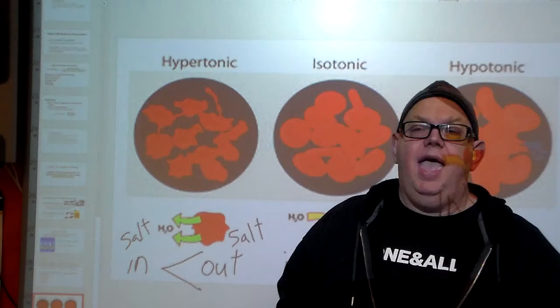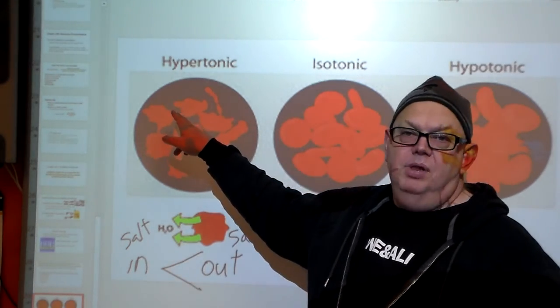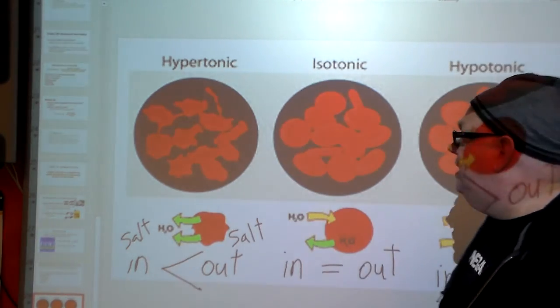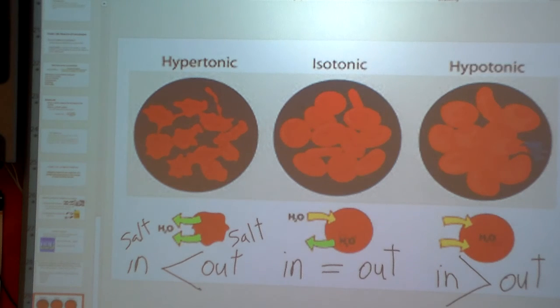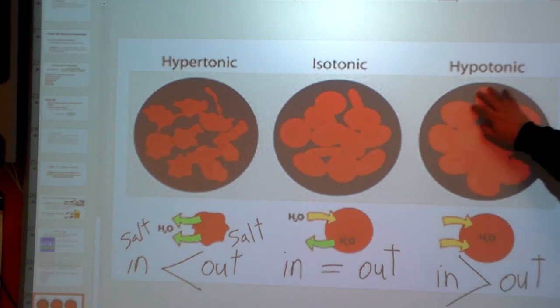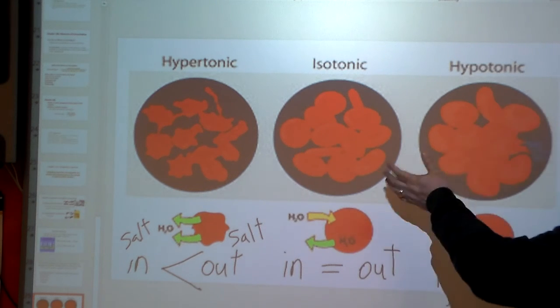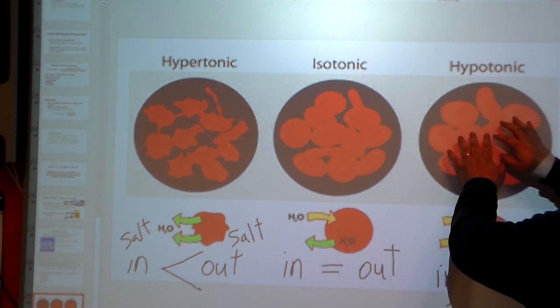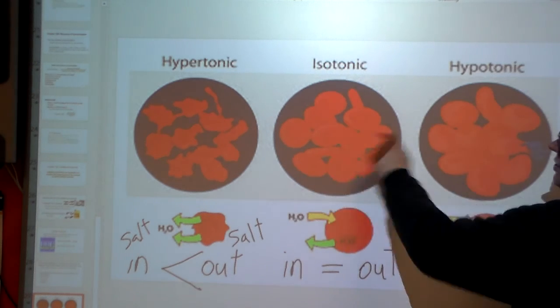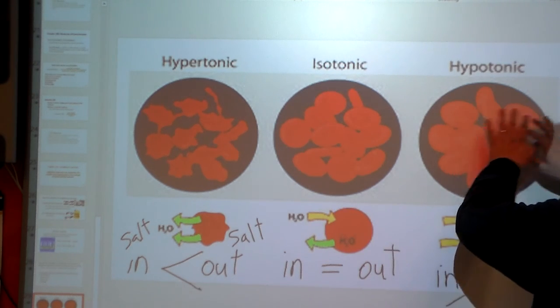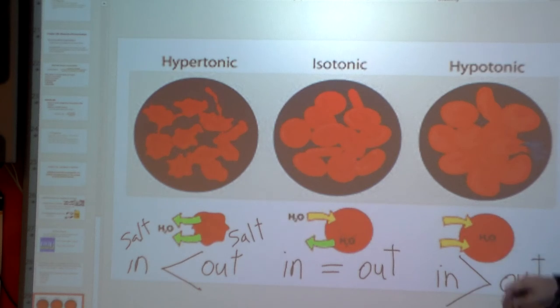It's not going to happen. It wrecks the red blood cell. It basically destroys it. You have the opposite, where there's too much salt on the inside compared to the outside, and water's now rushing in to try to make the inside equal like the isotonic. The inside equal with the outside, that's isotonic.